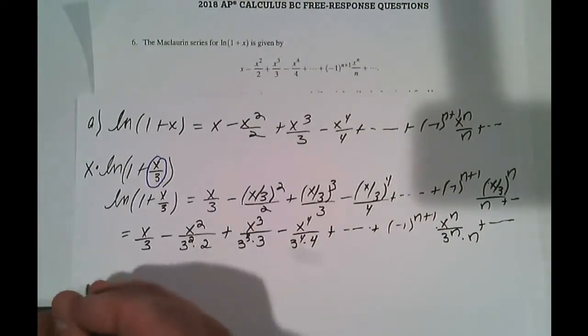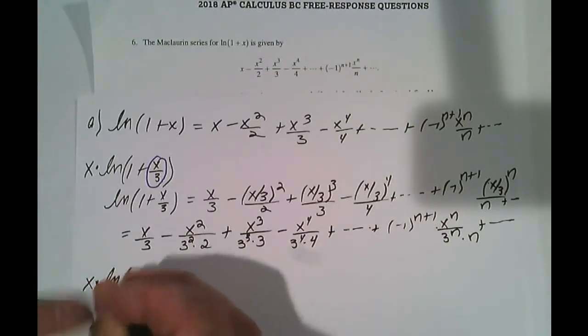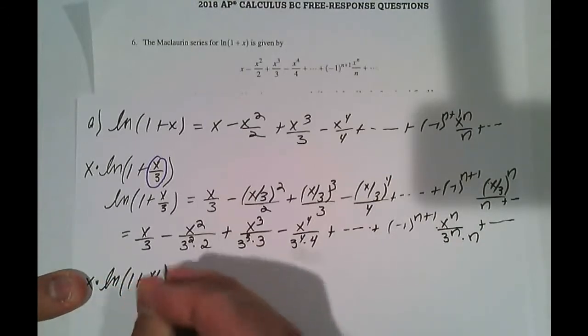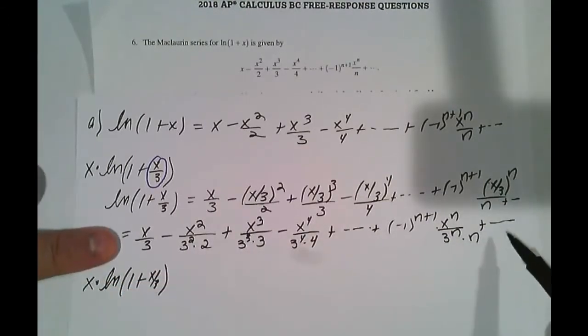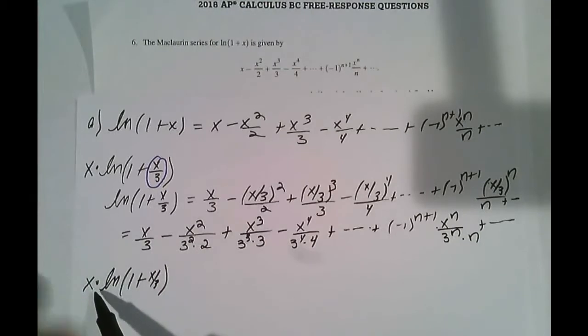Well, now what happens, I need x times the natural log of 1 plus x over 3. This work we did was to generate the expansion for natural log of 1 plus x over 3. Now I'm going to multiply everything by x.